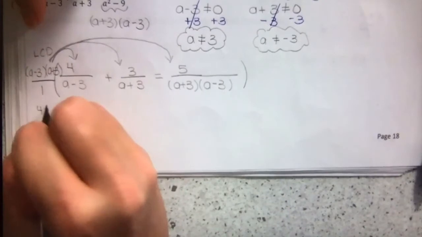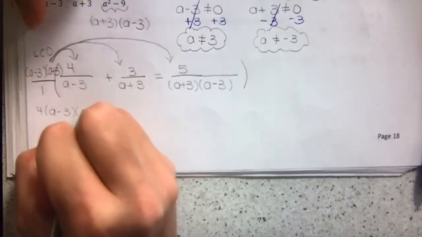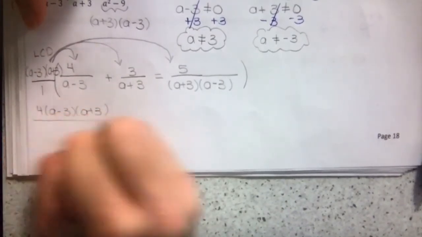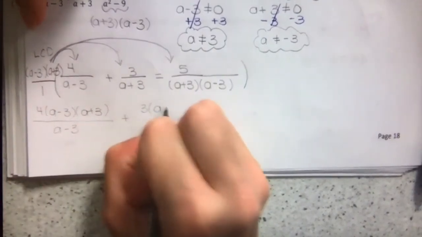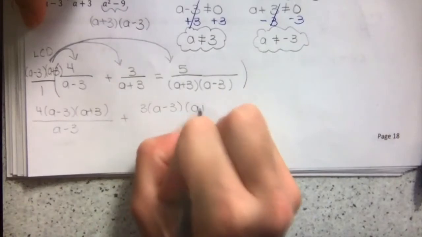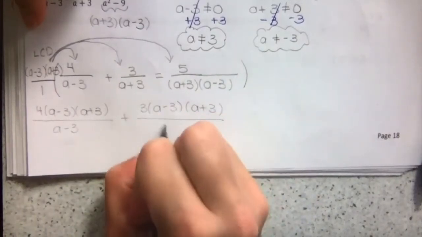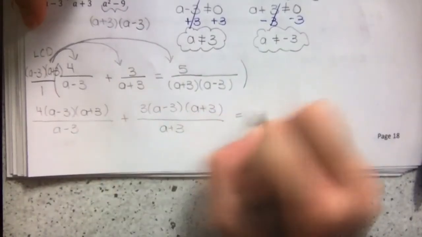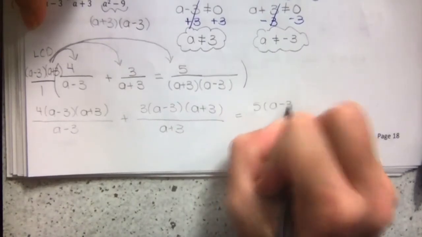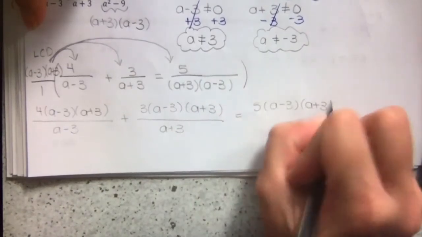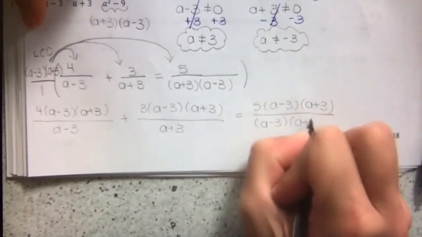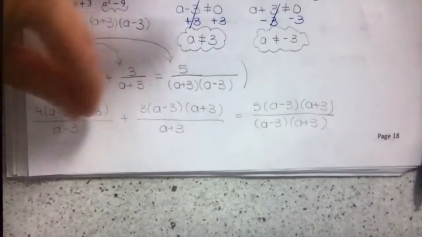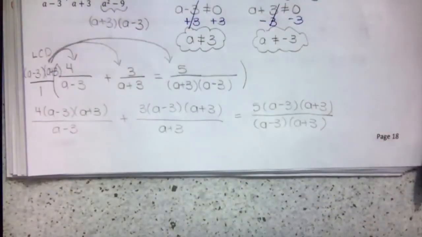So 4 times a minus 3, a plus 3, all over a minus 3, plus 3 times a minus 3, a plus 3, all over a plus 3, equals 5 times a minus 3, a plus 3, all over a minus 3 times a plus 3. So our LCD went to the top of every single fraction. The bottom stayed the same.